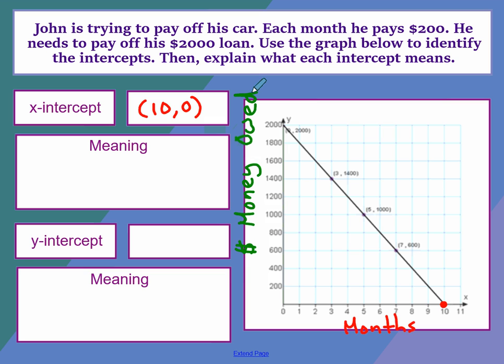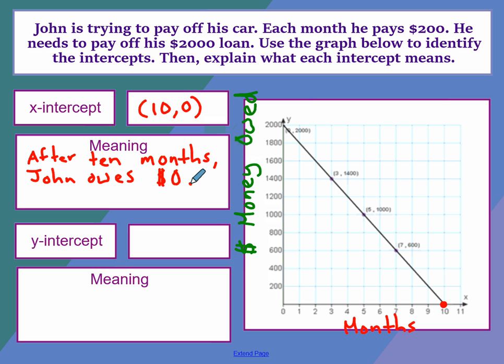Alright, so in this case, after 10 months, John owes $0. Next up, we have the y-intercept, and that's going to be right here.